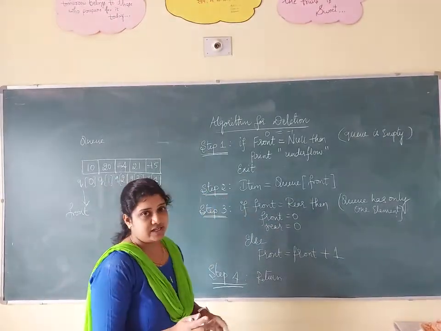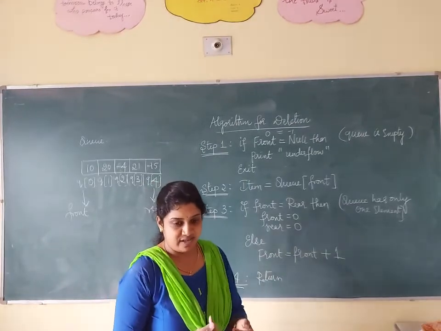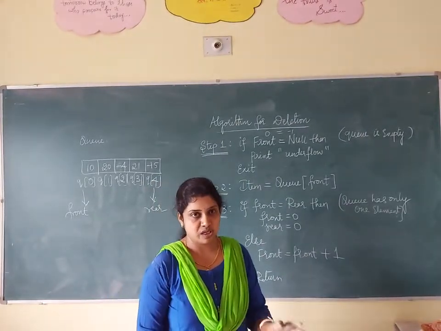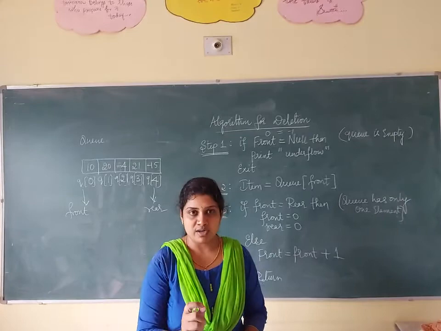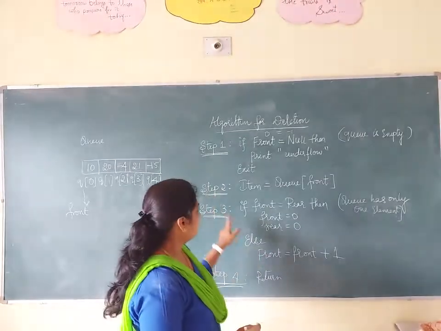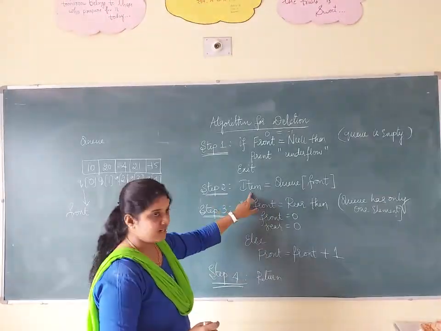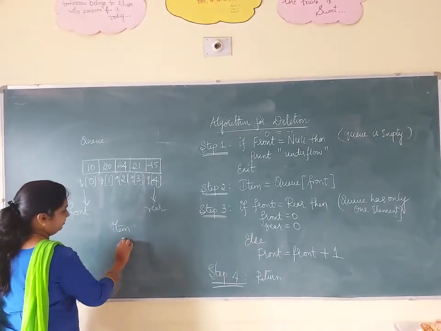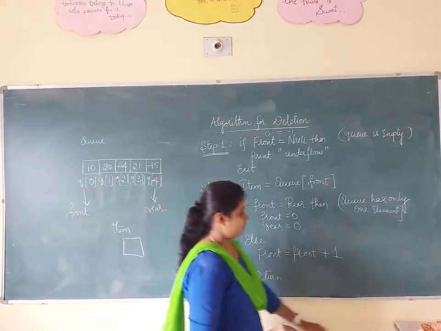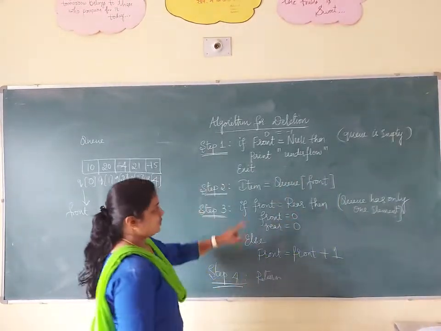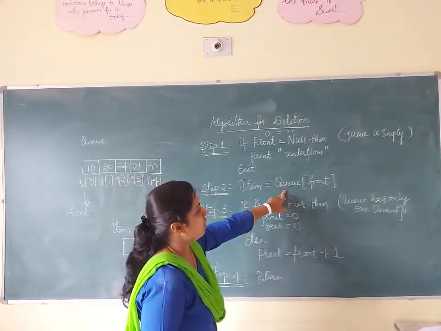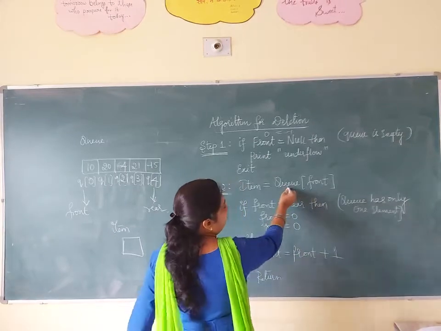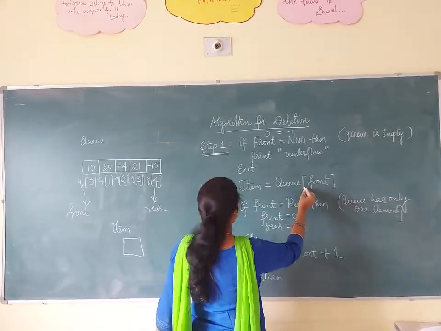Step 2. As I already said, in the queue concept we cannot directly perform the deletion operation. We require one temporary variable. Here my temporary variable is item. So item is equal to queue of front. Queue of front means what is my front value?